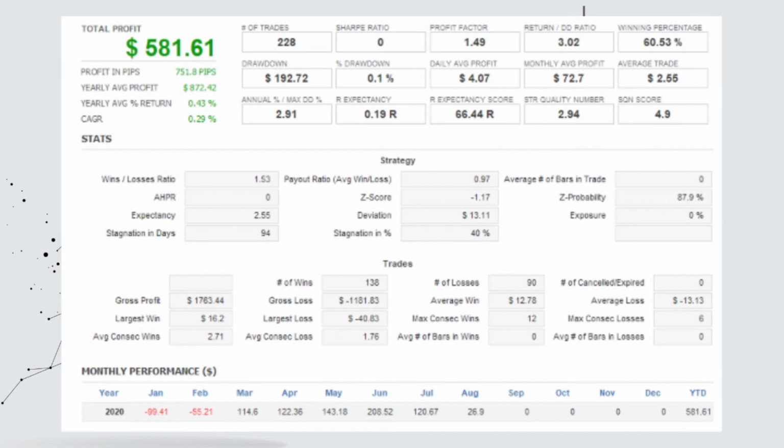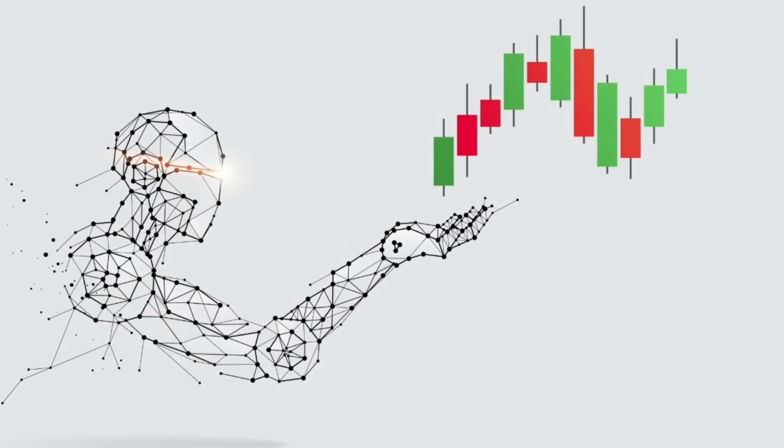We had $114 profit for March, $122 profit for April, $143 for May, over 200 for June, 120 for July, and in August $27. So in all, it made money. Obviously at only a 0.1 lot size. You can test it, run it, and choose your own lot size, whatever is appropriate for your own account.